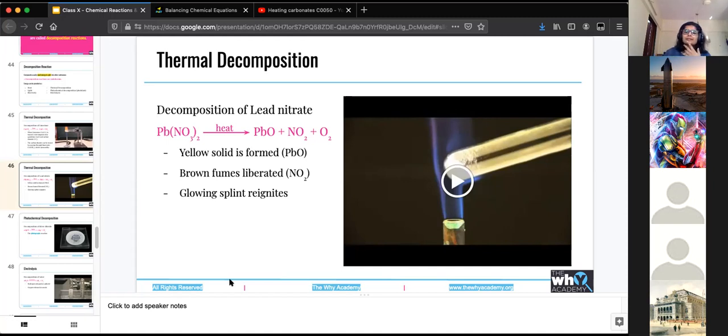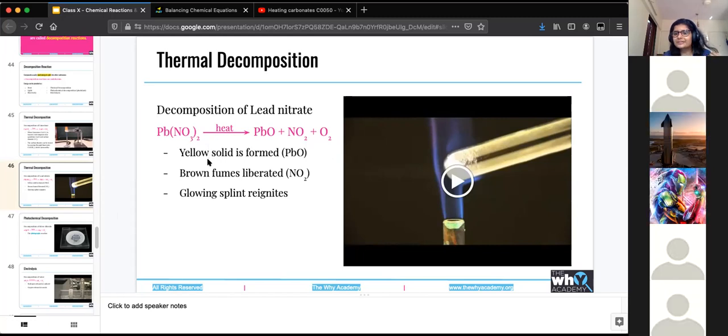Okay. Go step by step, you guys. This has a lot of compounds, so a lot of atoms. Ma'am, I'm just not able to balance oxygen. Otherwise, everything else is balanced.